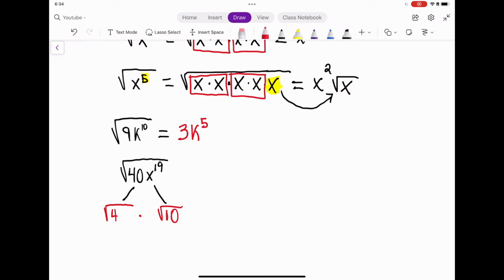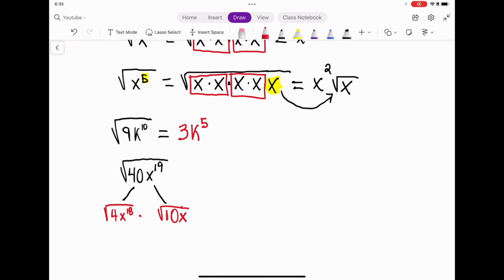We're going to keep the highest even exponent with the perfect square. So we're going to put 4x to the 18th power, that's the highest even number before 19. And then we're going to keep the other single x with the imperfect square radical 10.